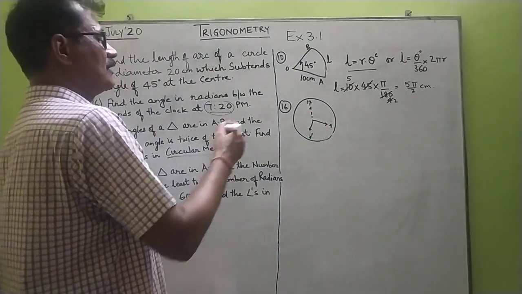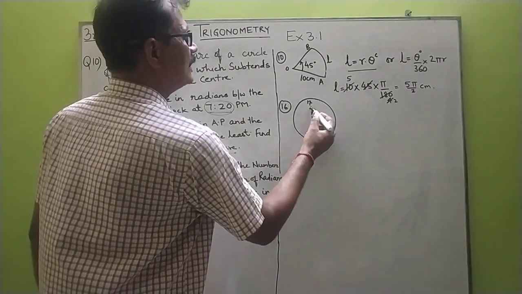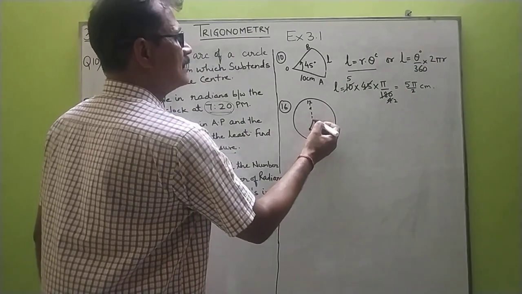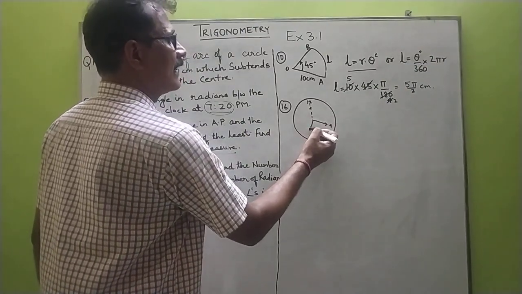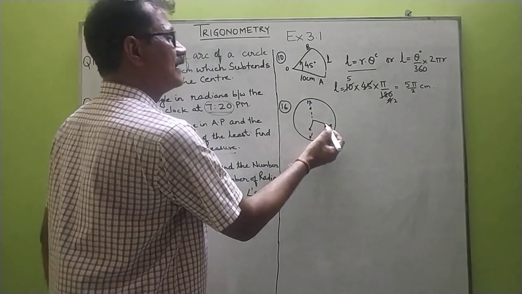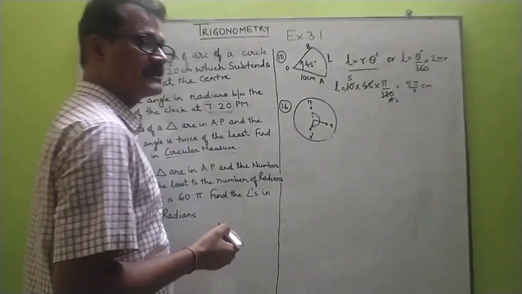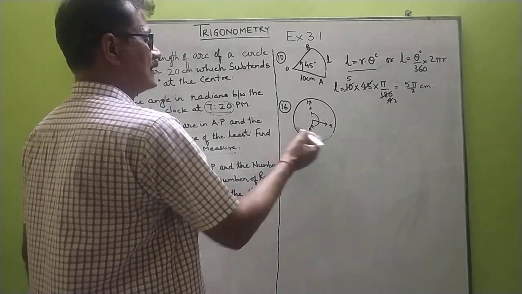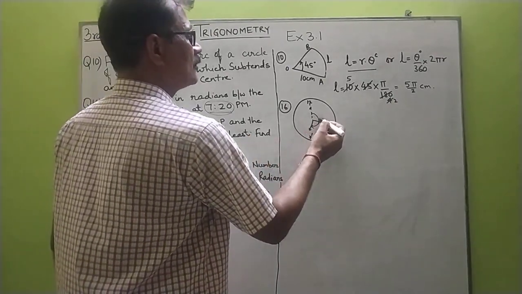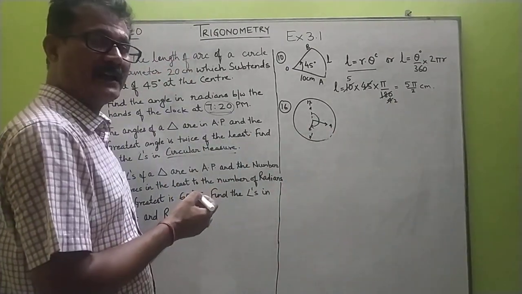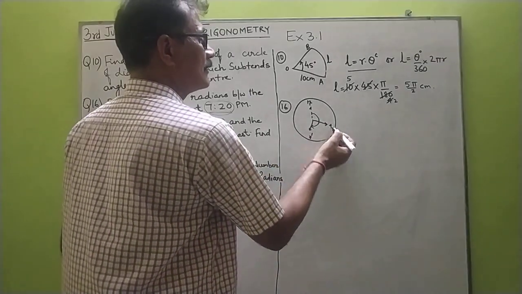Now, the angle between the hands of the clock can be found by taking this as the initial side of the angles, and this as the terminal side for the hour hand, and this as the terminal side for the minute hand. So this angle has to be found first, which is the angle traced by the hour hand at 7:20, and then this angle to be found, which is the angle traced by the minute hand at 7:20.